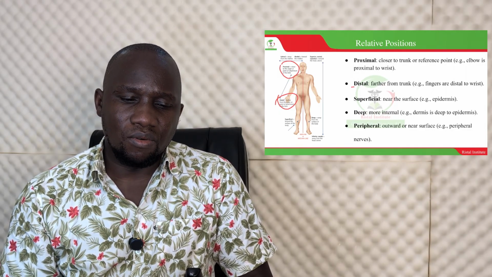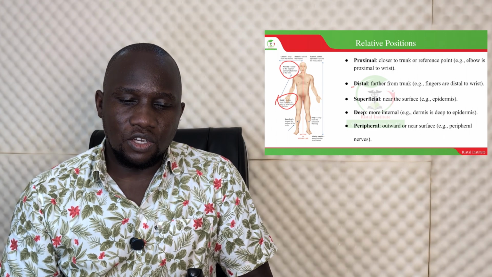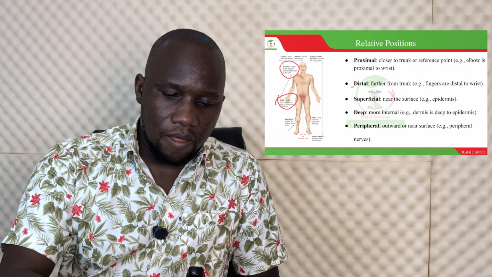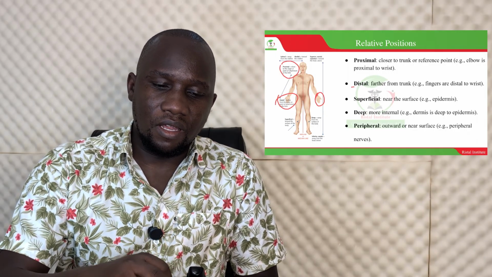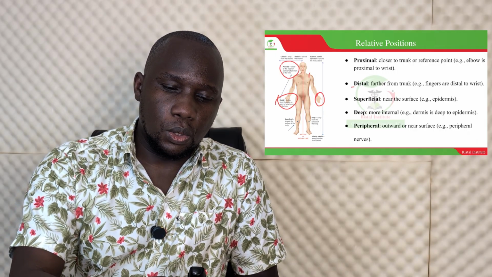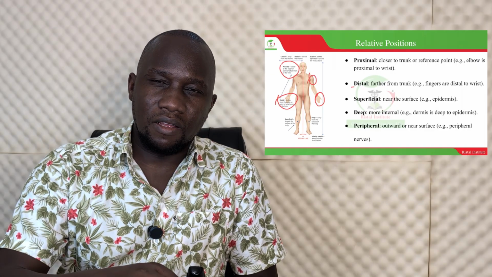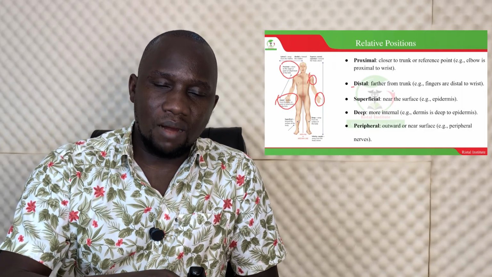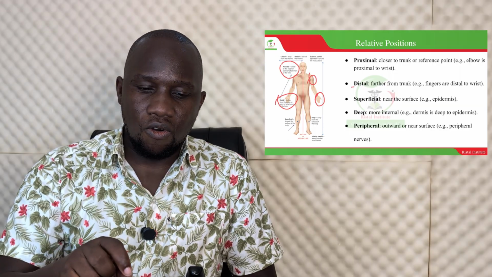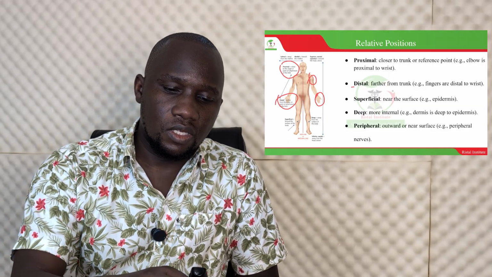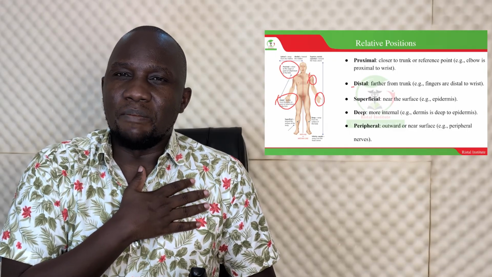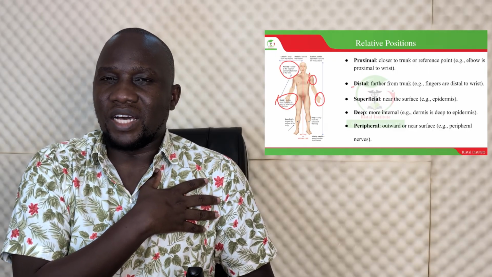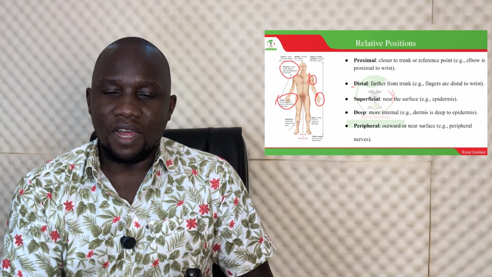So for example, if we are talking about your palm, it is far away from the shoulder. So this palm is distal compared to your shoulder. So your shoulder is proximal to the main trunk. It's basically part of the main trunk.